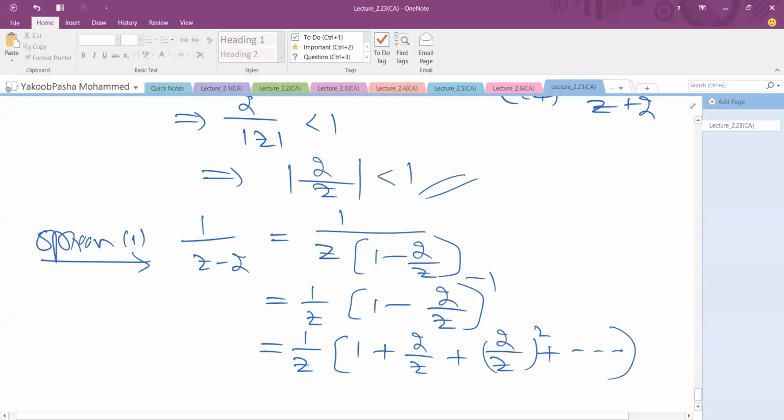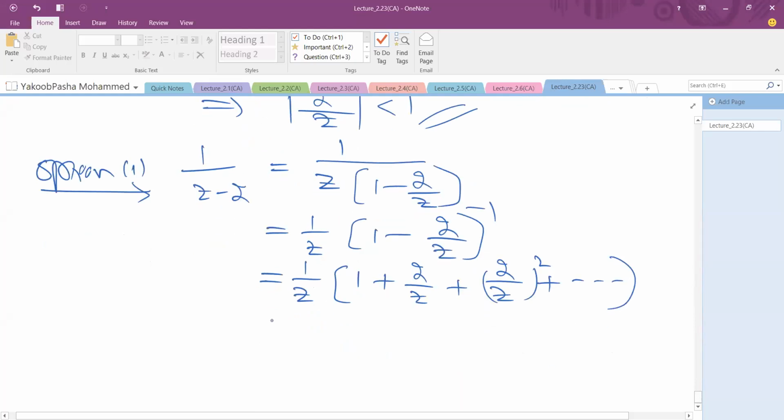So we can write it as 1 by z first term, 2 by z square second term, 2 square by z cube, plus and so on.